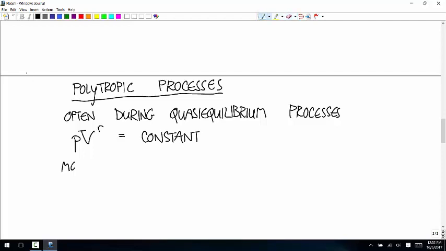And most often, n is somewhere near 1, say 0.7 to 1.3 or something.